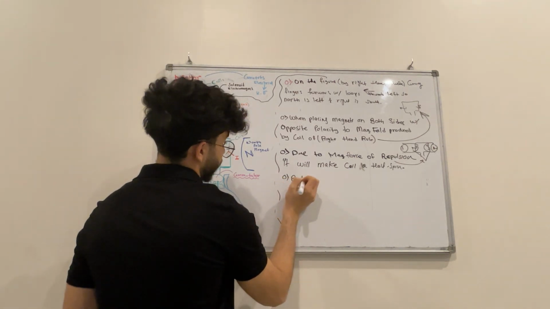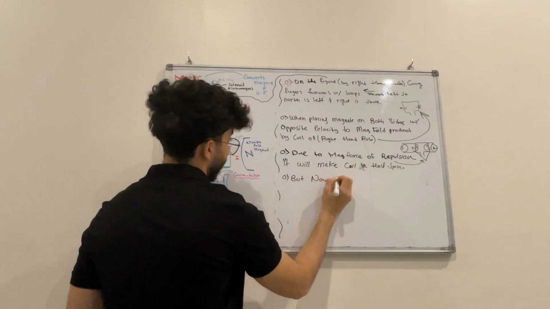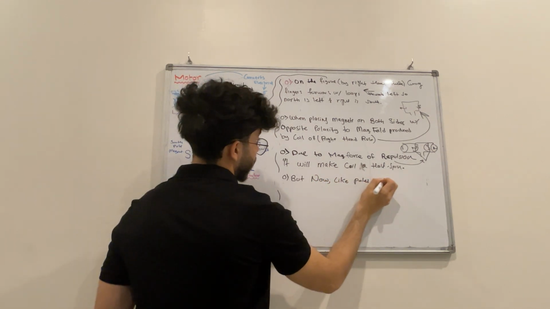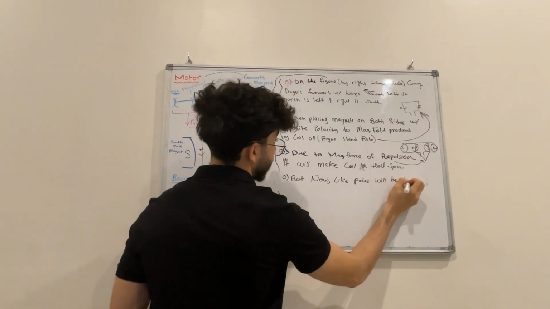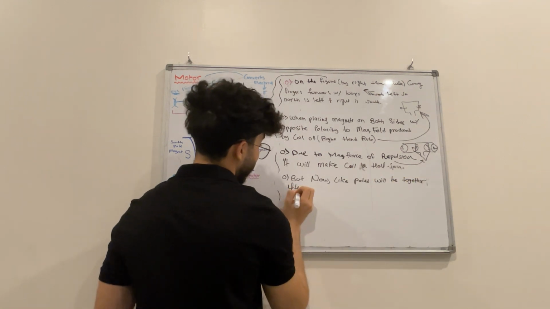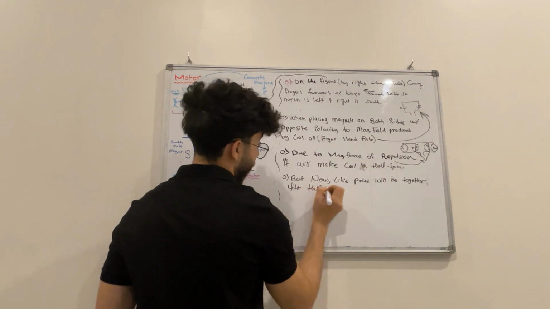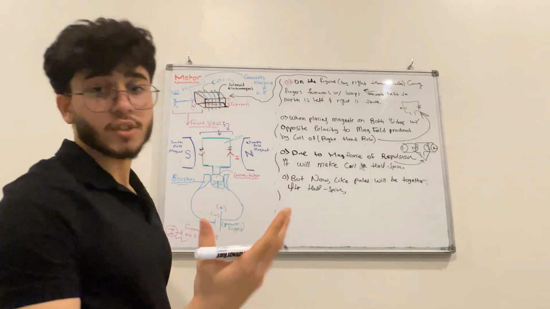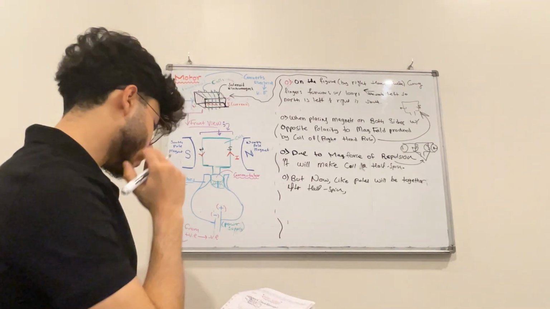But now, what's the issue? But now, like poles will be together after half spin. So when the like poles are together after the half spin, what's going to happen?